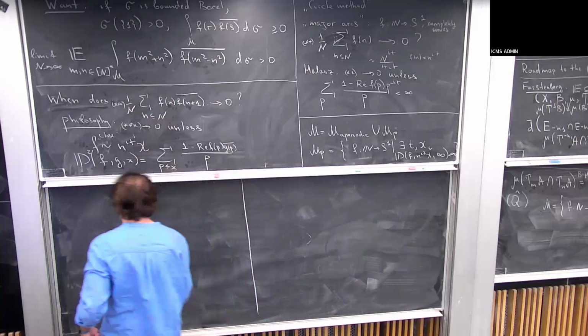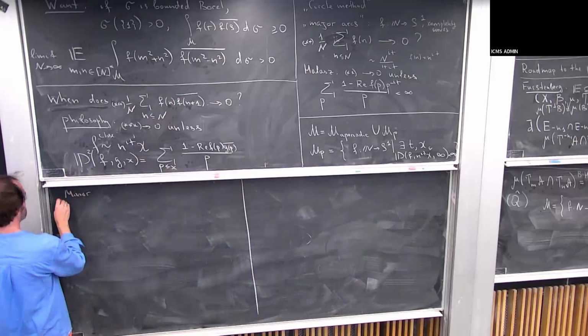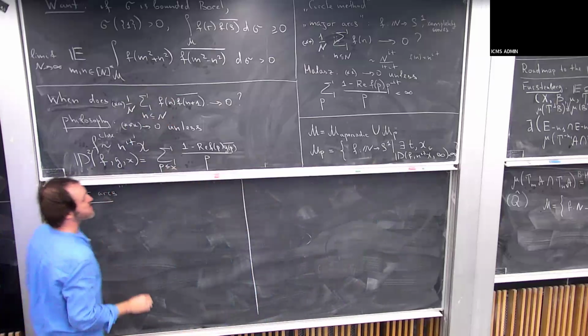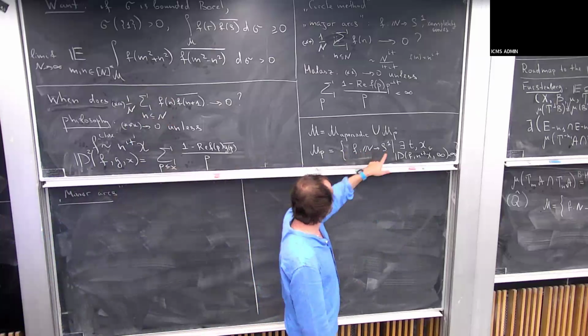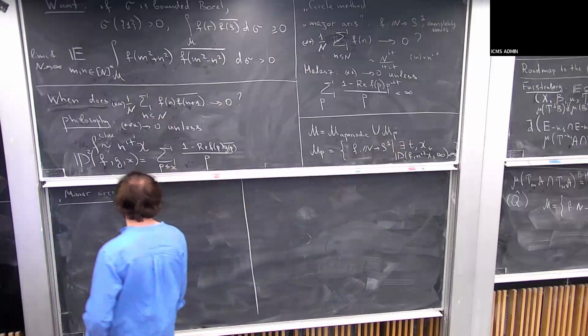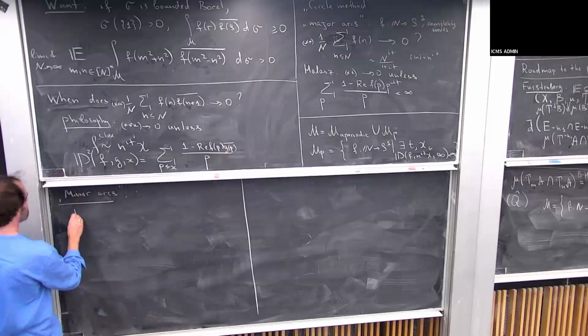Okay, so the minor arcs: these are functions that do not pretend to be n to the it times chi, so they're far from the characters, and they're called aperiodic. So here is the theorem.